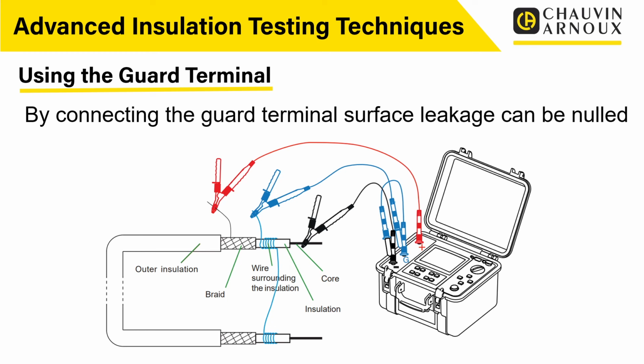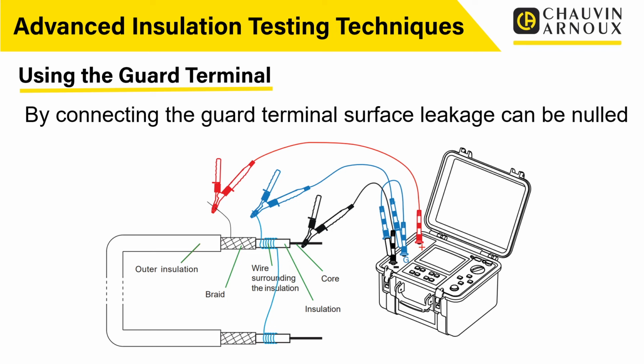So by connecting the guard terminal, the blue terminal here, what we've done is wrap some wire around the insulation to allow contact between the insulation and the guard terminal. So we wrap wire around the insulation on those surface paths, and we've connected that back using the blue cables, as you can see here, to the G terminal, the guard terminal within the tester.